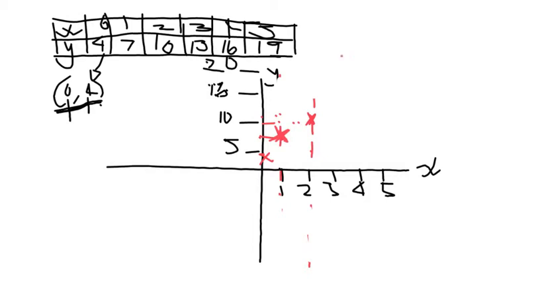So when x equals 3, y equals 13. So it should be here. 4 is 16, so just a little bit above. And 5 is 19.